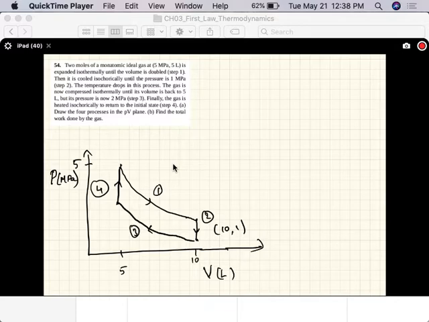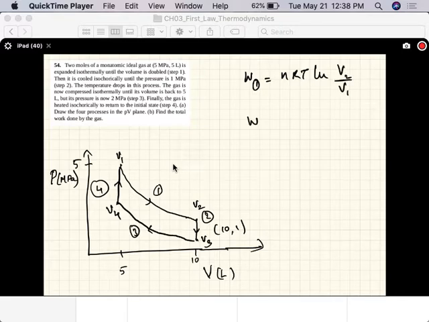So I guess what we'll do is call these volumes V1, V2, V3, V4. Those volumes are given: 10 liters and 5 liters. In process 1, the work done is nRT log V2 by V1.